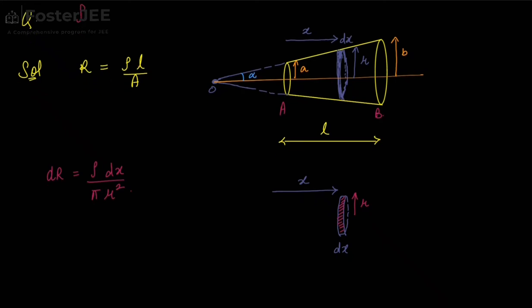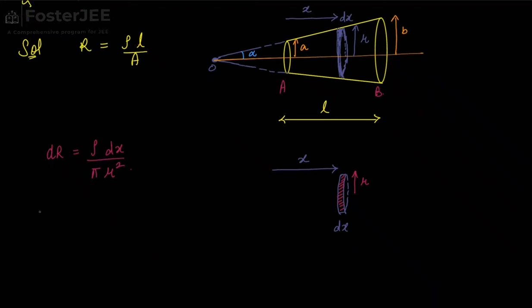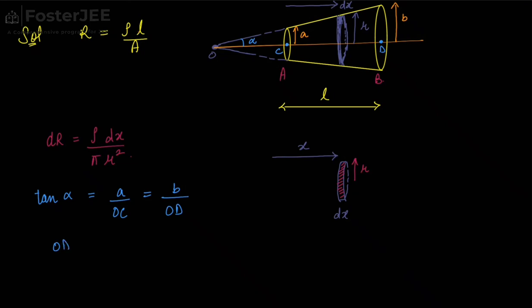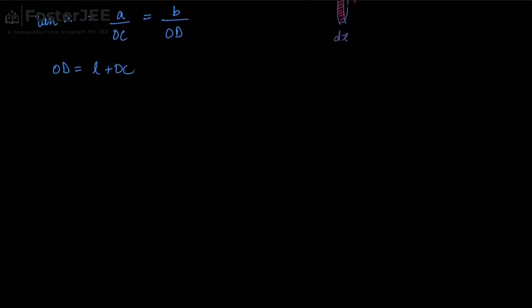We can see that tan alpha is A upon, let's suppose this point is C, OC, and also from this big triangle, tan alpha is B upon, suppose this point is D, so it is OD. Now OD can be written as L plus OC.